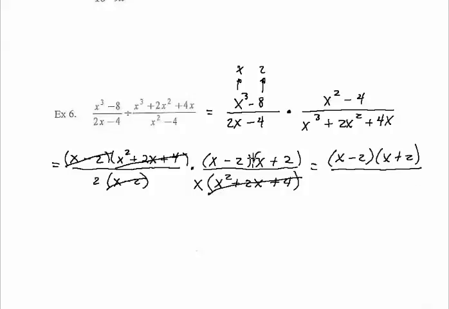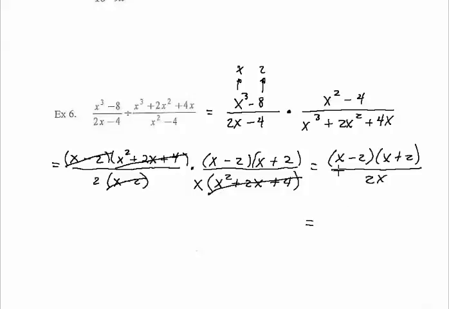Alright, now here are the factors that we have left on the top, and then we have a 2x left in the denominator. I would be happy with this if you were taking the test and you wrote this as your answer for show your work problems.